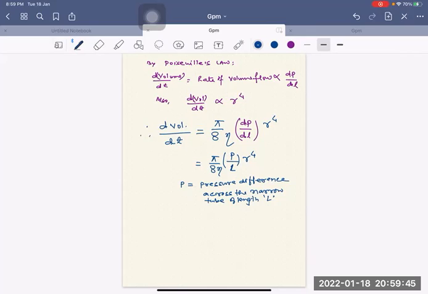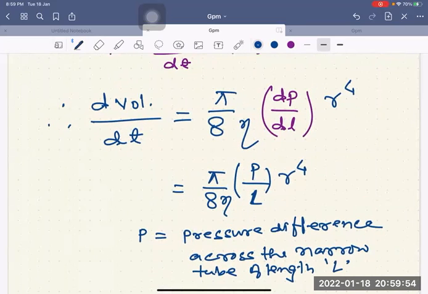So this law is given by Poiseuille, and this formula is known as Poiseuille's formula. So this is the Poiseuille's formula here. क्या है ये? dV, d volume upon dt. हम पूरा नाम लिख सकते हैं इसका.